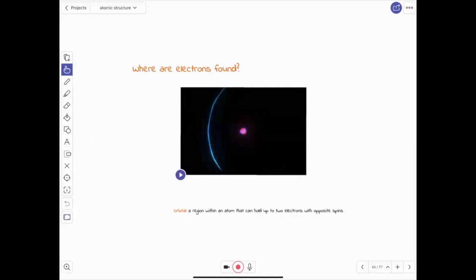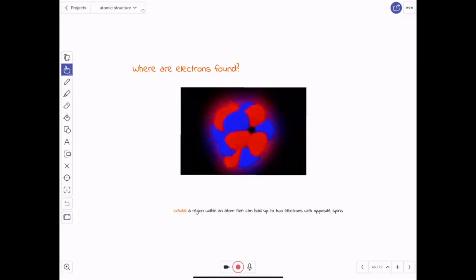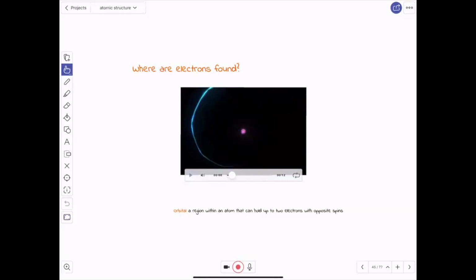If you've ever had a chance to watch how electrons really are, electrons are like this. There are blinks of light. If you see on your screen, these blue waves here, these are how electrons are. So electrons are nothing like what we draw on papers, right? They're like waves.